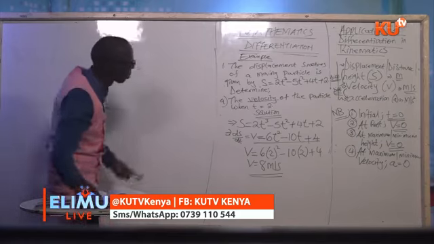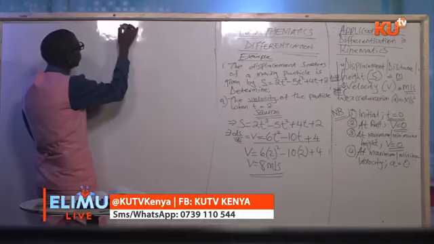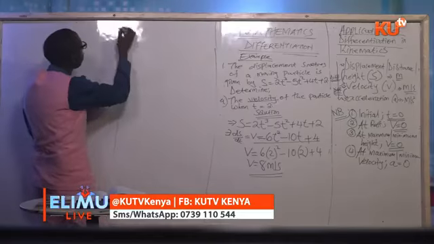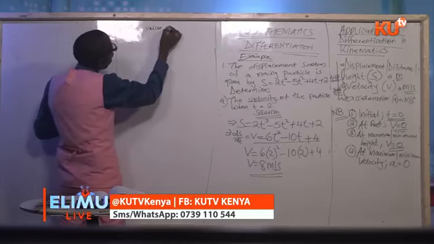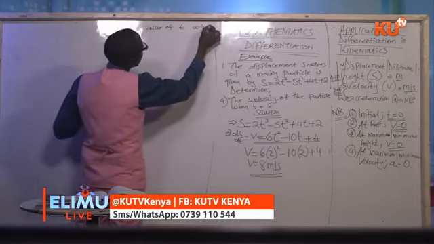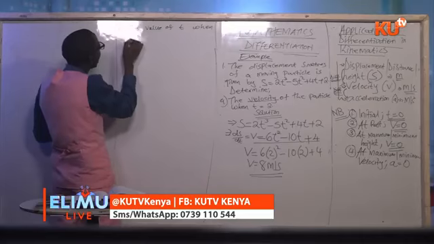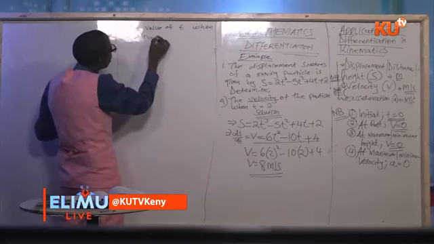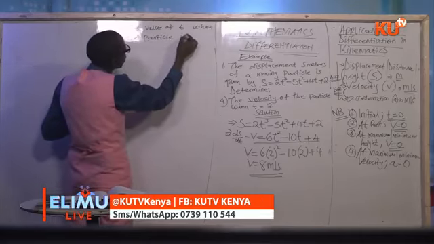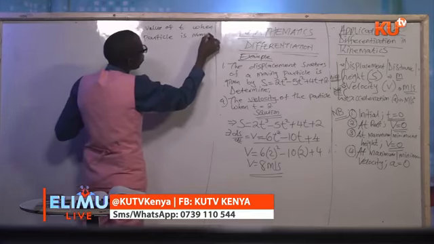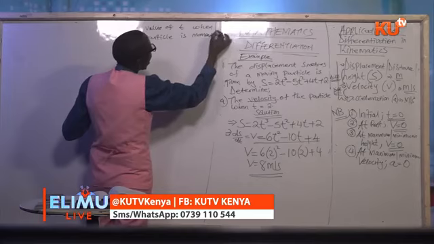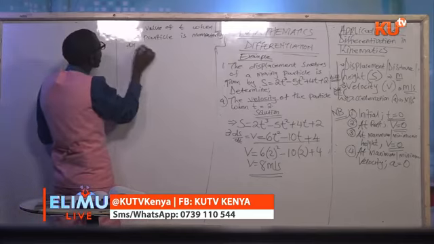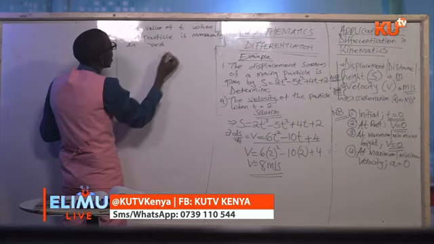That is part B. Part B, the value of t when the particle is momentarily at rest. Solution.